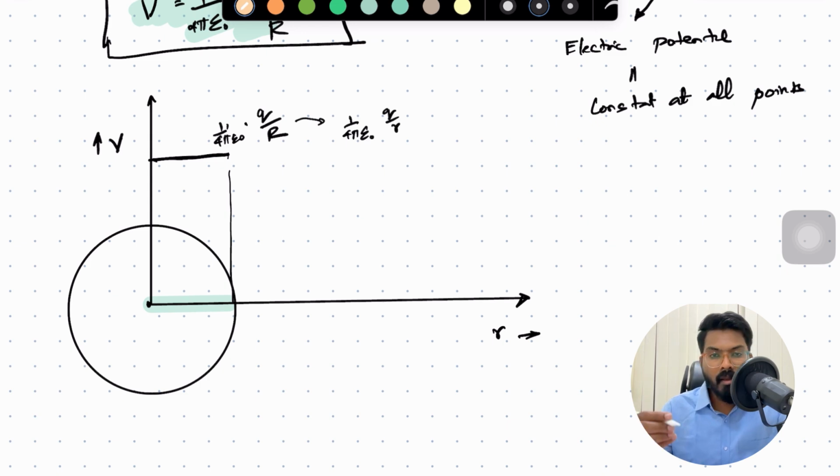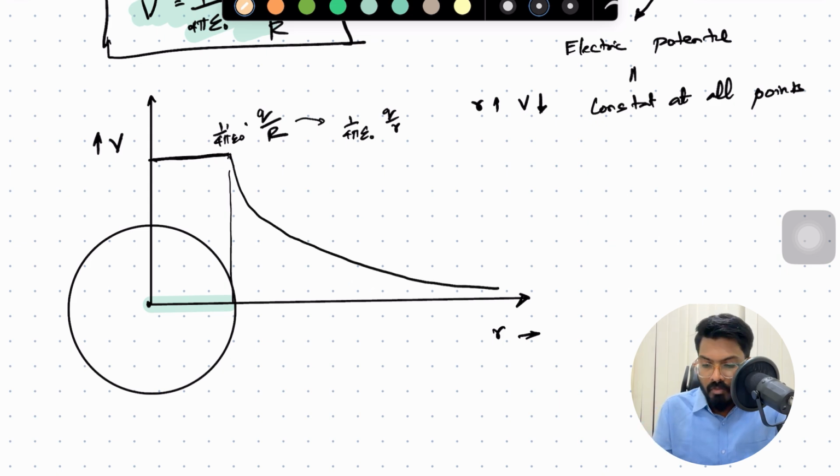And then as r keeps increasing, the potential decreases. So that is going to look like this. So this is inside. Then as r increases, the potential is going to keep decreasing.